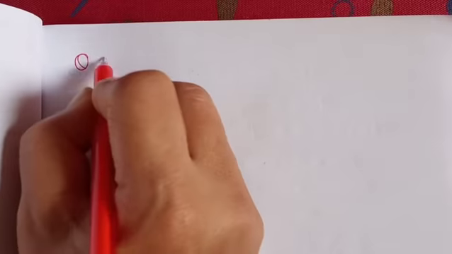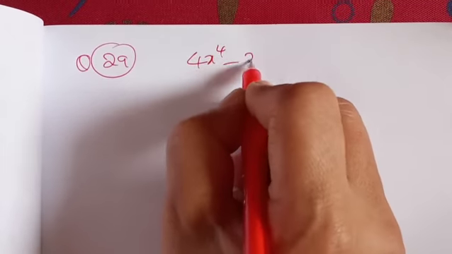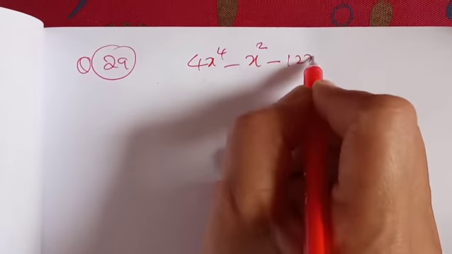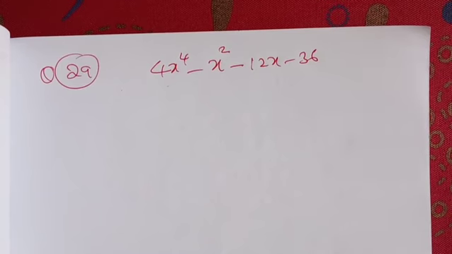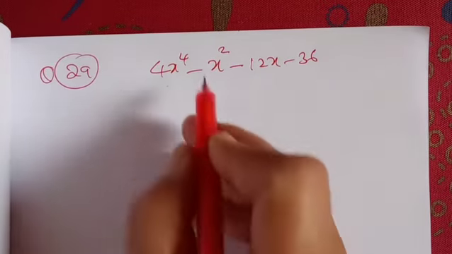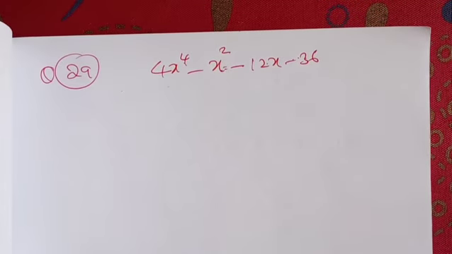Question number 29: 4x to the power 4 plus x to the power 2 plus 12x plus 36. Let us check now. 4x to the power 4, and this can be converted into trinomial.